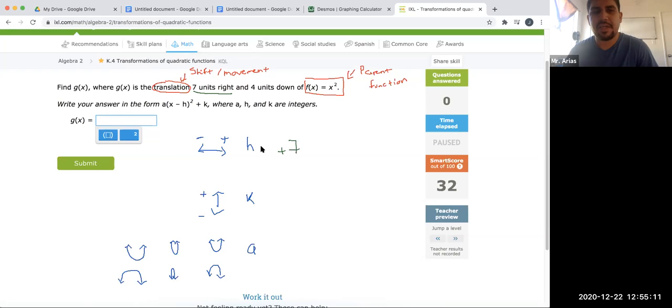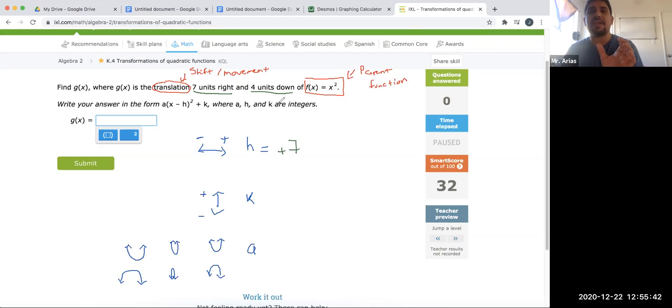Okay, so the value of h is equal to 7. Now, for k, we go back to the problem and we notice that it says that this function g of x is also reflecting this change of 4 units down. So what's happening is this: the mother function, which was originally centered at the origin on the coordinate plane, is being shifted to the right hand side 7 units and then down 4 units.